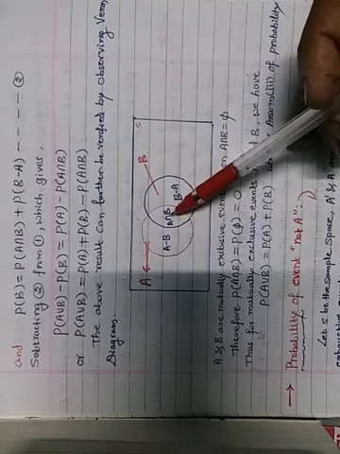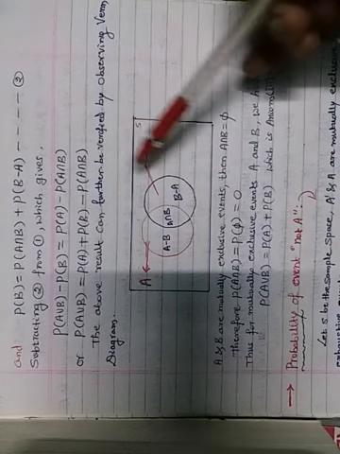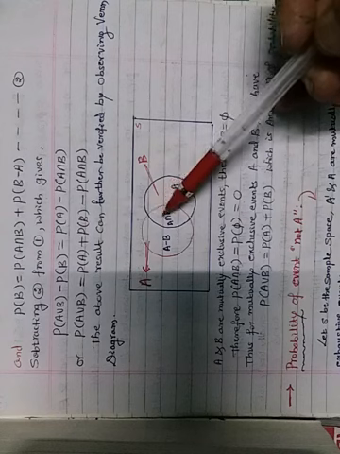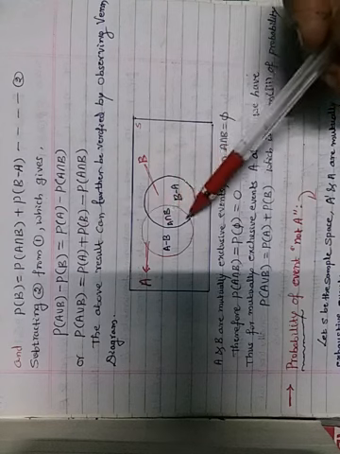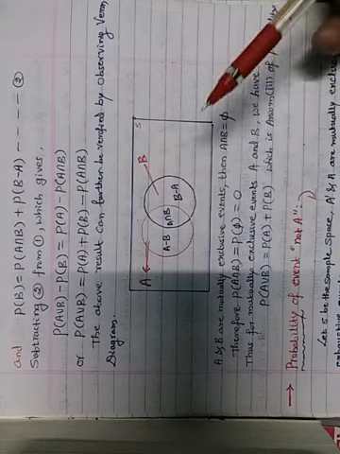A intersection B elements means P of A intersection B is the common. Here we should write the common elements in both the circles that intersect each other.